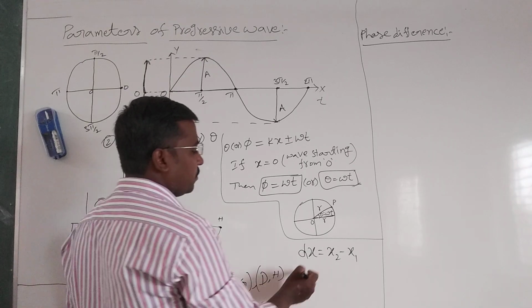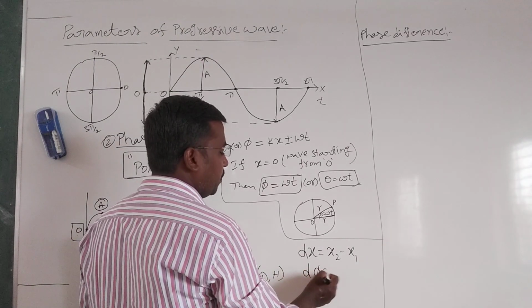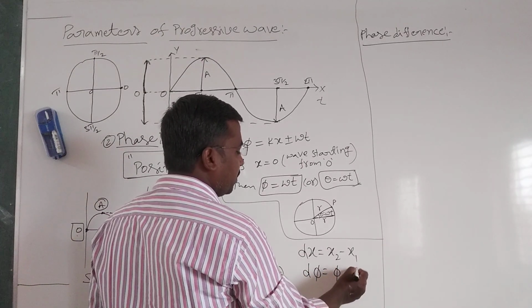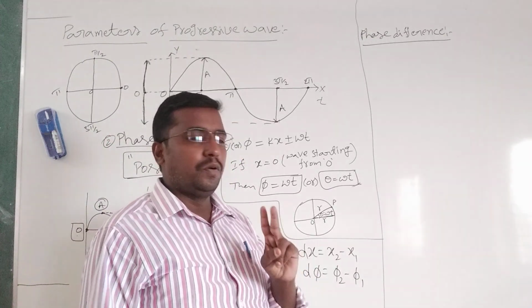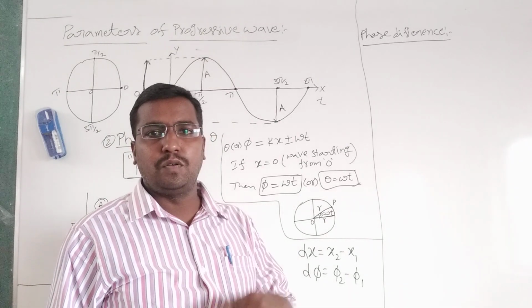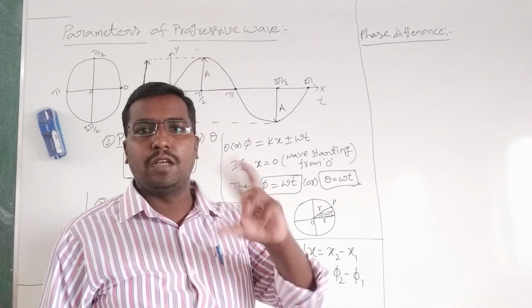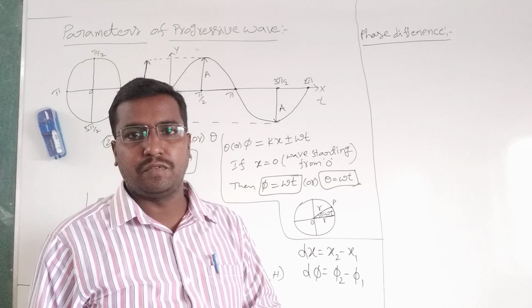Then in this also, phase difference d phi equal to, we have to write phi 2 minus phi 1. That is, we consider two waves on 2 points. Then what is the difference between these two waves?